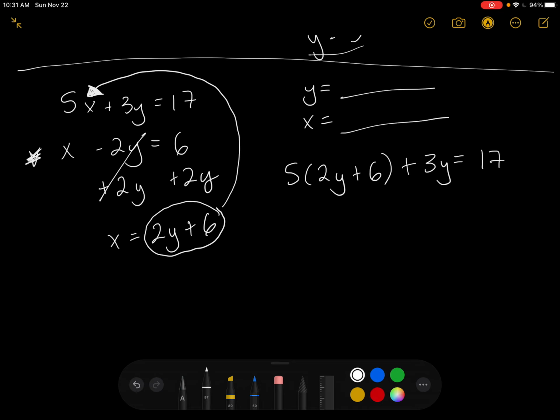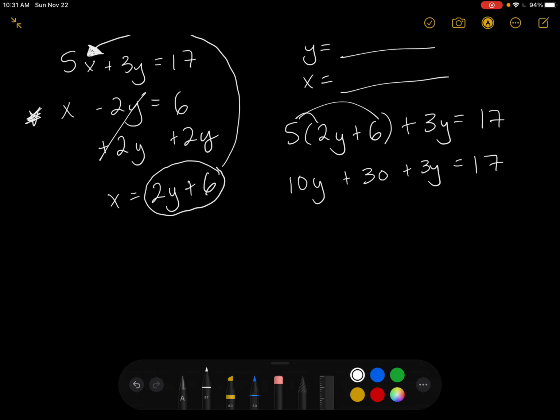So in this example, I am solving for y first, right? So I'm going to distribute. These are like terms, so I'm going to combine them, and I'm going to subtract 30 from both sides.